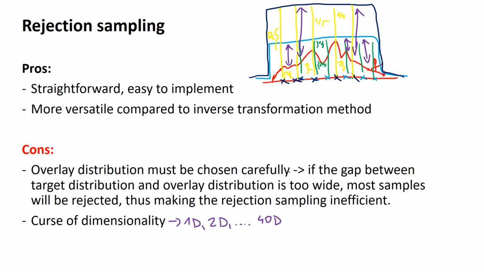And it really depends on how wide the gap between the target and the overlying density is. Because if it's really wide, then even 1D will have problems, and if it's wide in 1D and even wider in 40D, then you will get crushed. You will run this algorithm 1 billion times and you will accept one sample. So this is a problem and you have to be very careful about this.